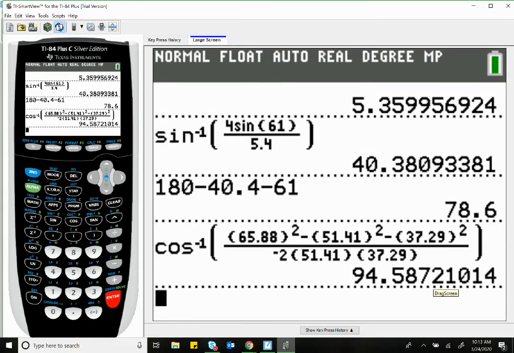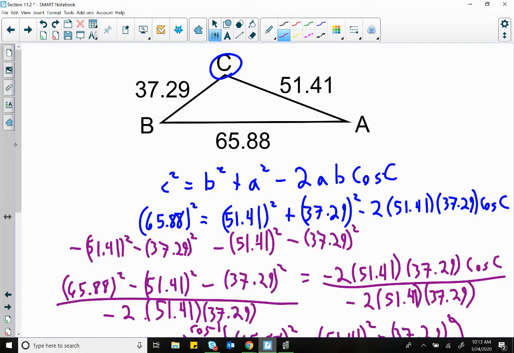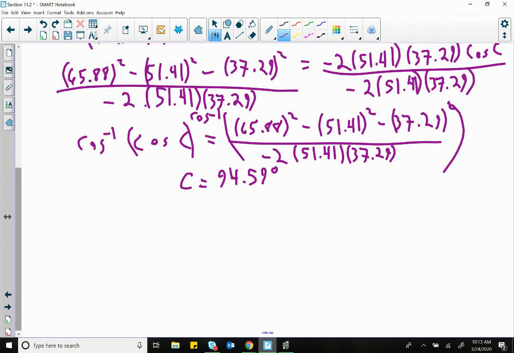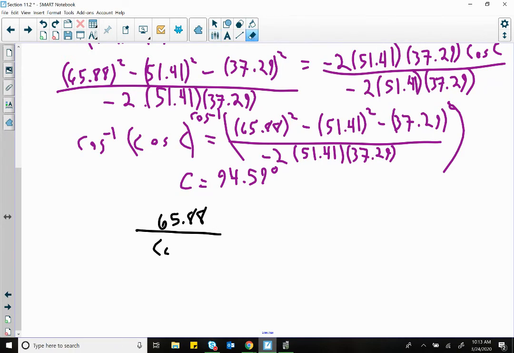There's nothing wrong with that. So we definitely know that we're going to have the angle C information. So side C was 65.88. And we have, it's not cosine, law of sines, Mr. Armstrong.